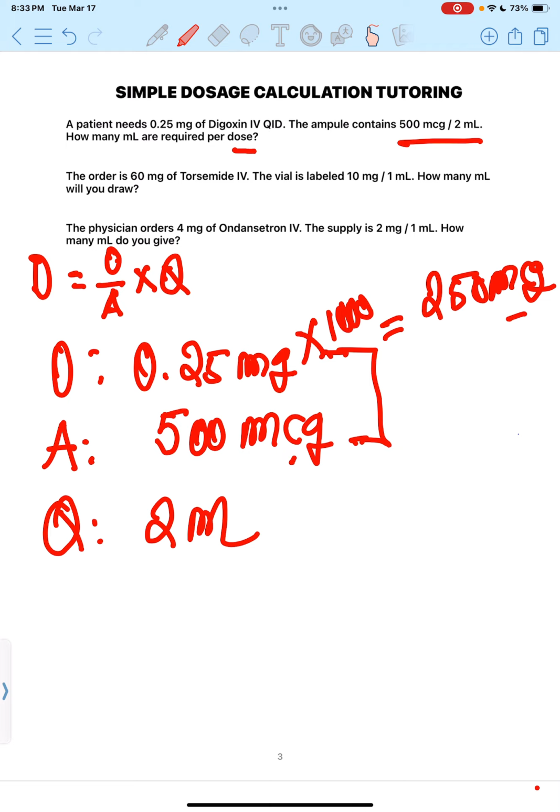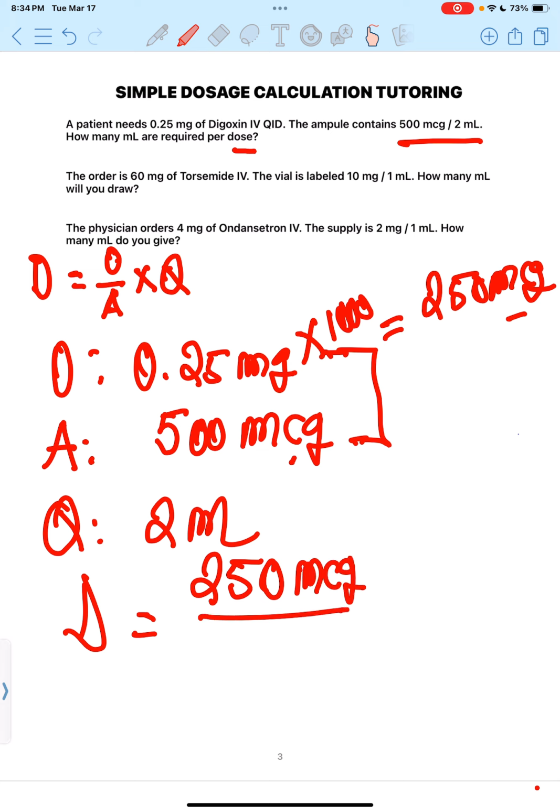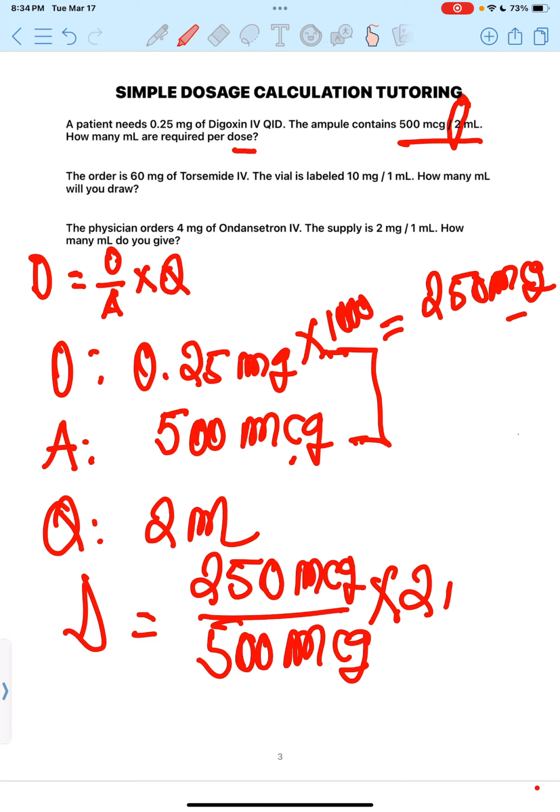So the way I solve my setup, dosage equals order, my order becomes 250. You see? 250 microgram. Divide that by your available, which is 500 microgram, and then I'm going to multiply that by my quantity. This is this number right here, 2 milliliter.